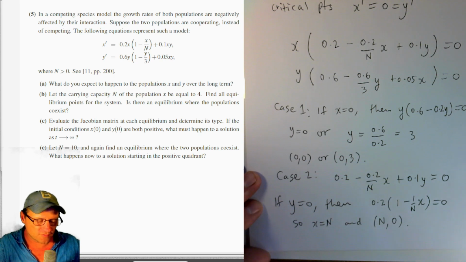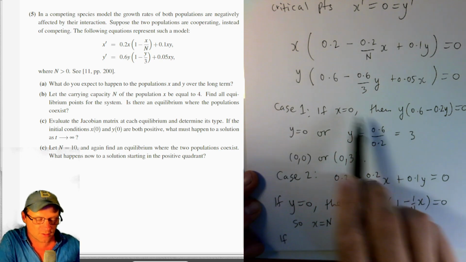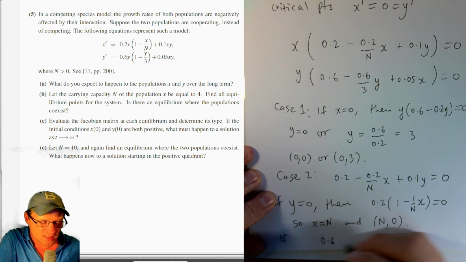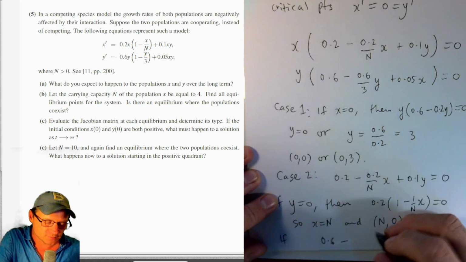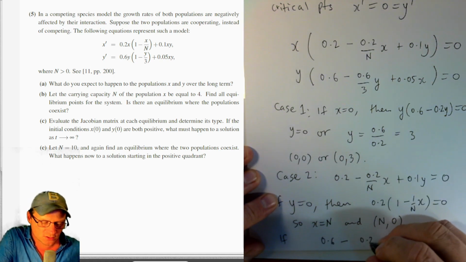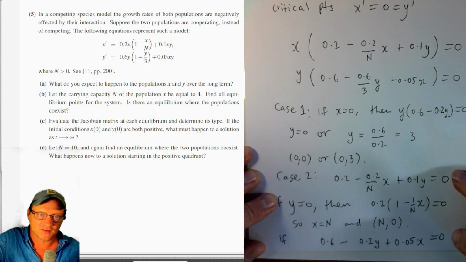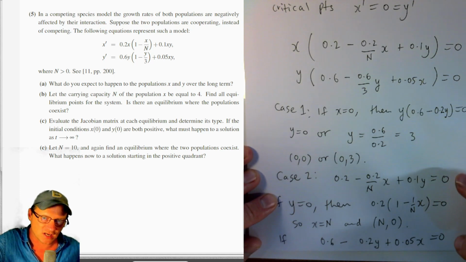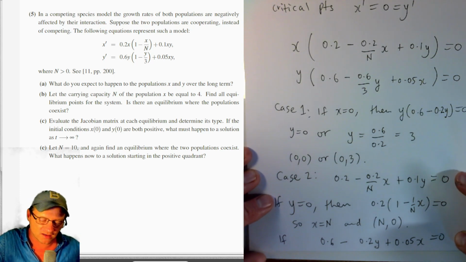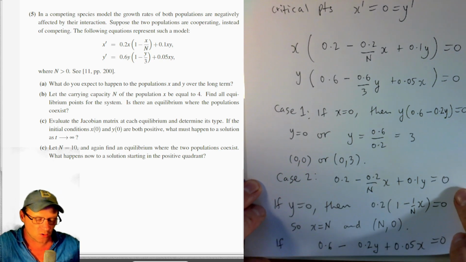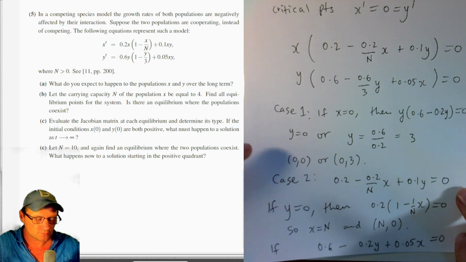Okay, now if in the other case we have 0.6 minus 0.2 Y plus 0.05 X equals 0, well, then we have to solve these two equations simultaneously, and that would give us our last possible solution to this system. Okay, so let's go ahead and do that.